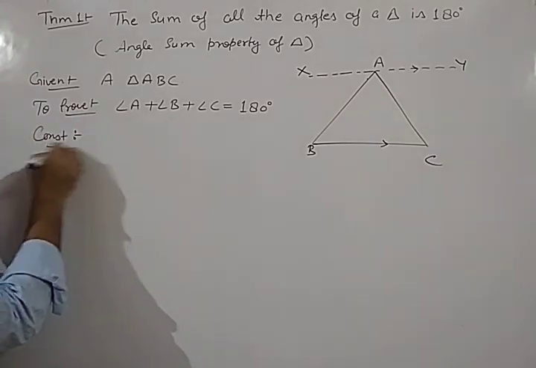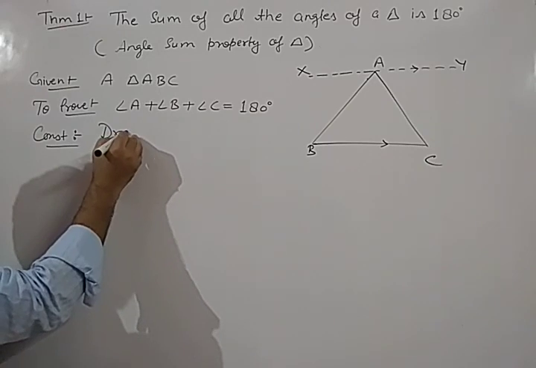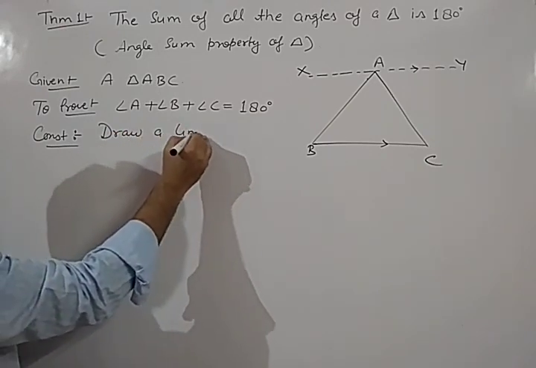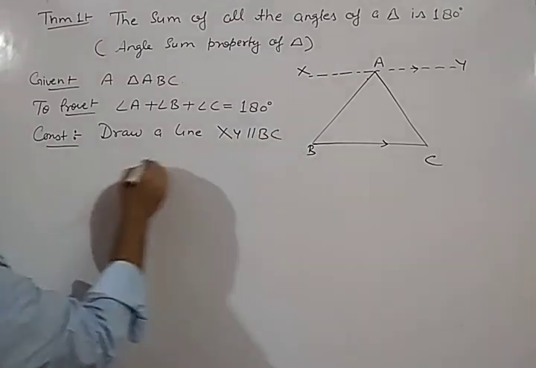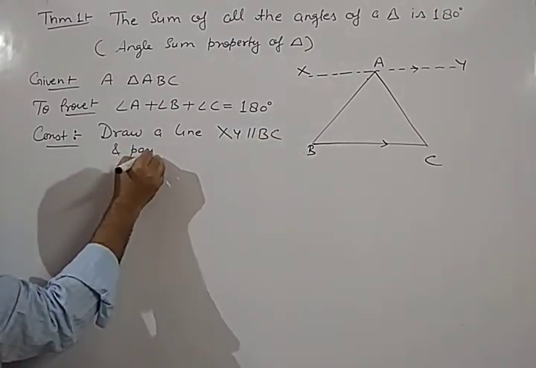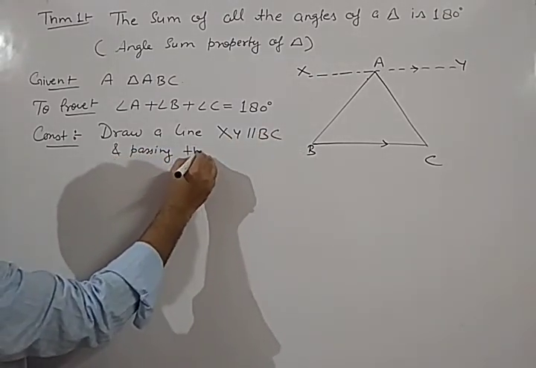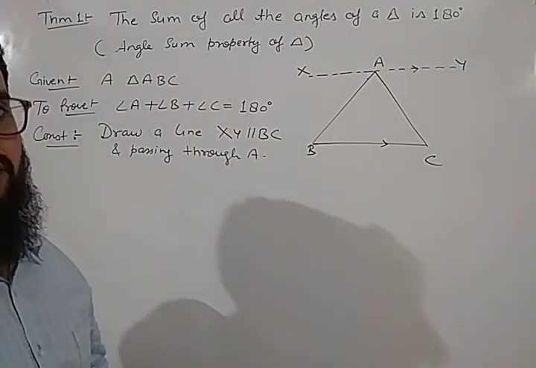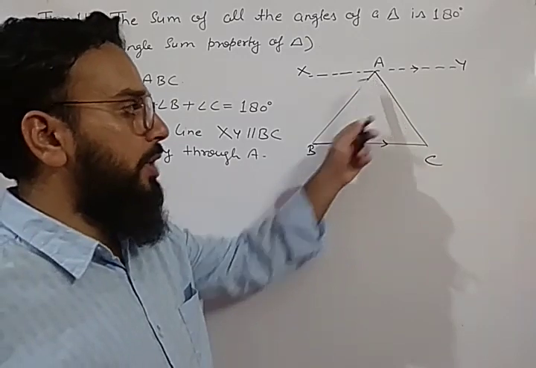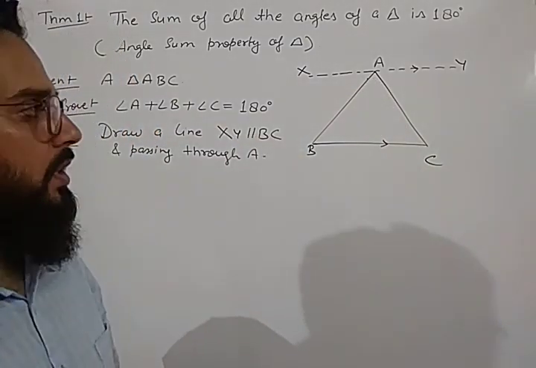We will write here, draw a line XY parallel to BC and passing through A. We have drawn a line XY passing through A and parallel to BC.